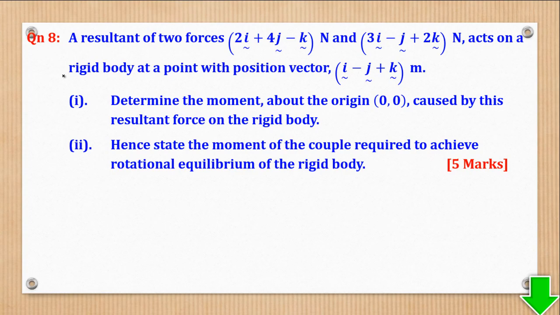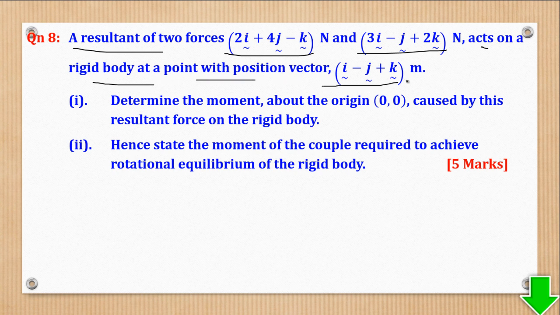Then question 8 says, a resultant of two forces, this and this, acts on a rigid body at a point with position vector this. Roman 1, determine the moment about the origin caused by this resultant force on the rigid body.